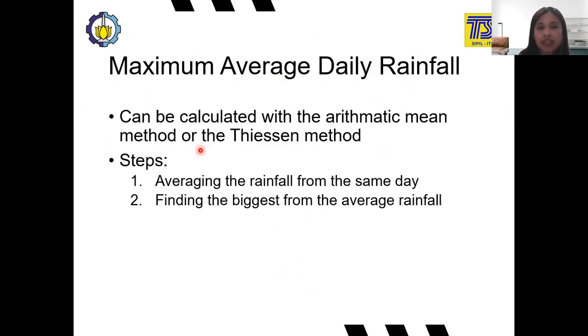But the steps can be calculated with the arithmetic mean method or the Thiessen method. And then after we got the average, we have to find the biggest from the average rainfall. So this one is the maximum average daily rainfall. Not averaging the maximum, but maximizing the average.